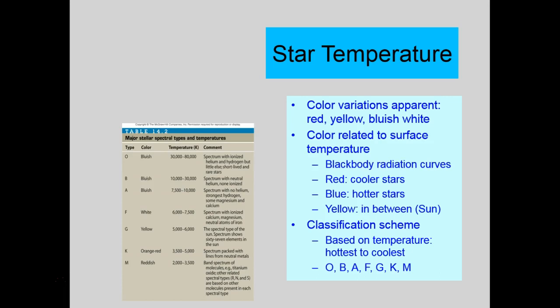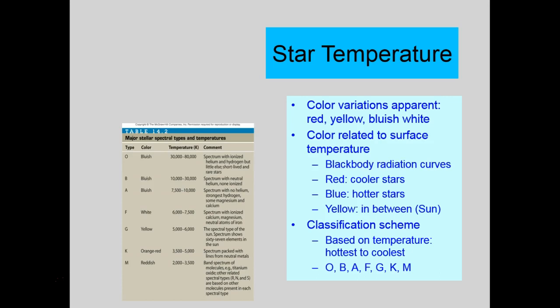Here we are, the G, yellow, 5,000 to 6,000 K. We're 5,800, so we're a pretty hot average star, a yellow star. Spectral type of the sun, spectrum shows 37 elements in the sun. The spectrum that we see identifies the elements. That means some stuff is not even in there, stuff that we find on Earth.